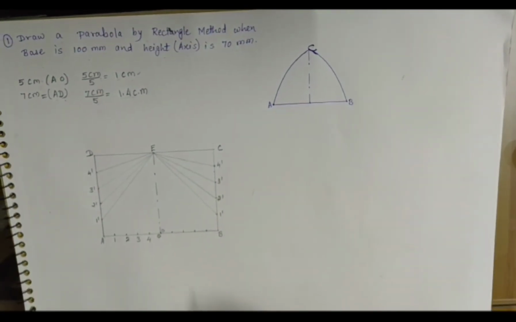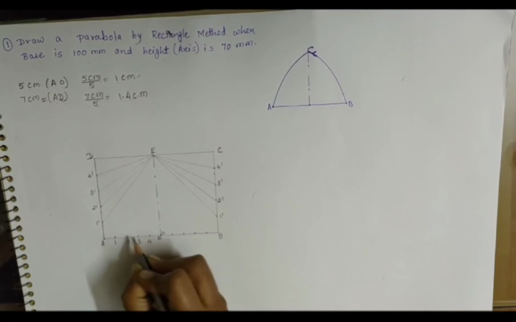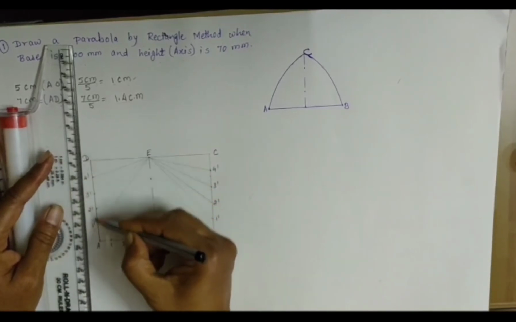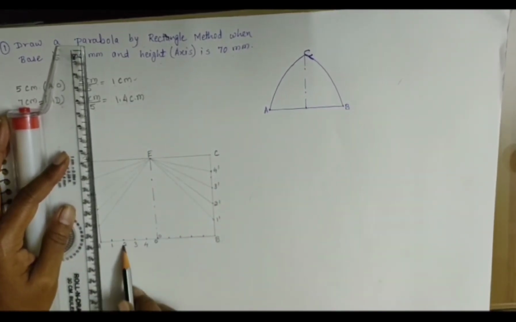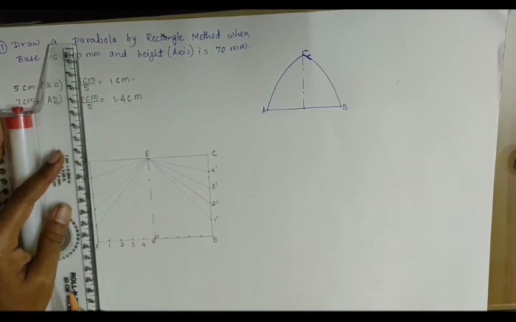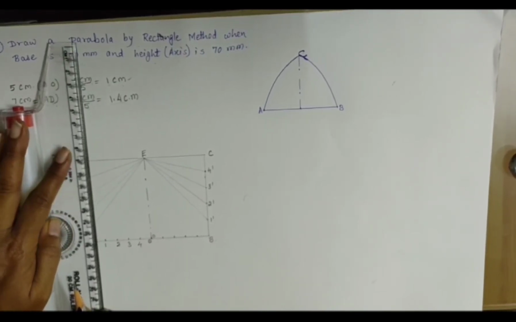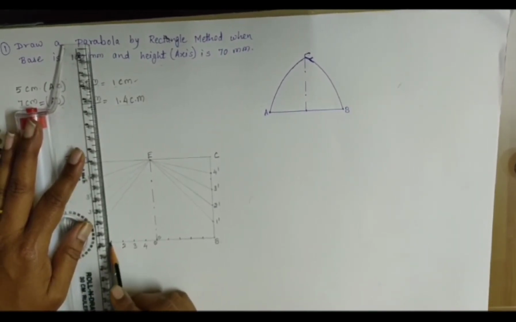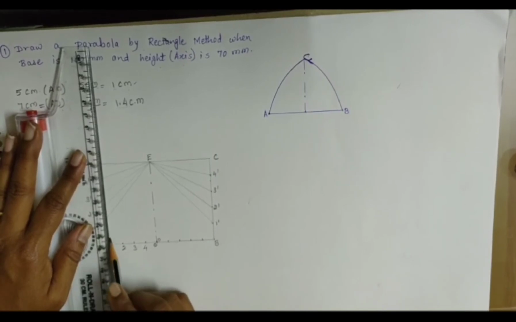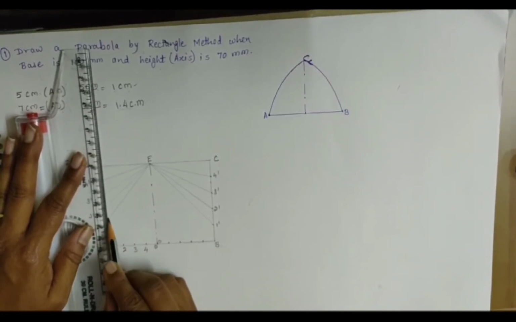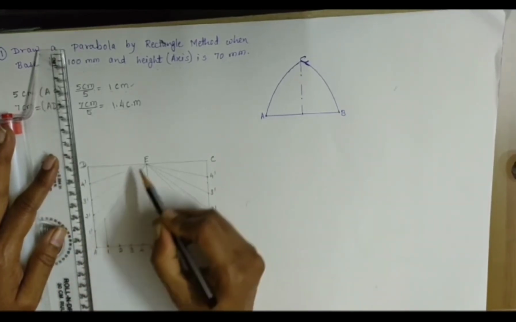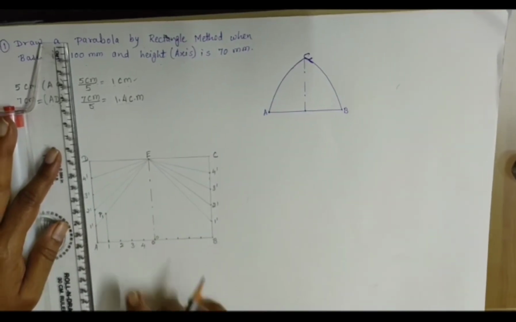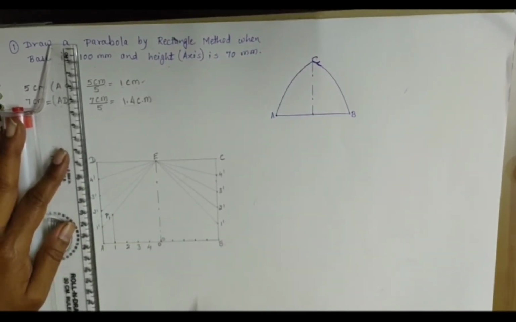Now we will draw the perpendicular lines from 1, 2, 3, 4, or we can say the lines parallel to AD, from 1, 2, 3, 4. We will draw a perpendicular line from 1 in such a way that it will cut the 1 dash E line at point P1. In this way we have received the first point.